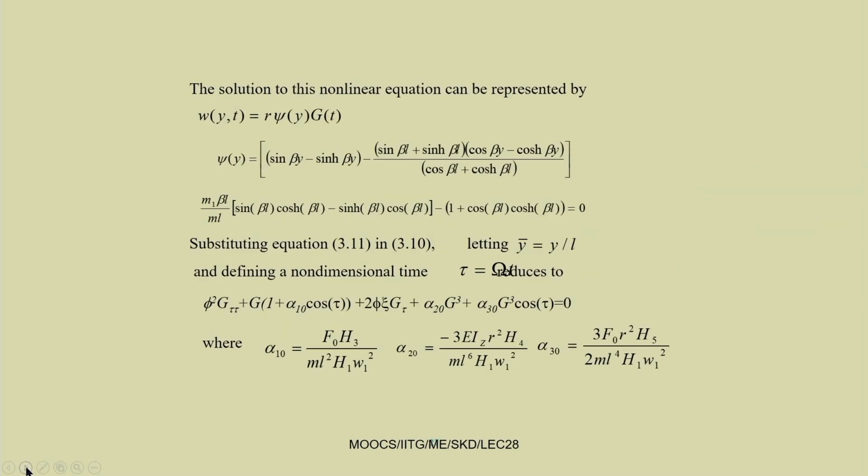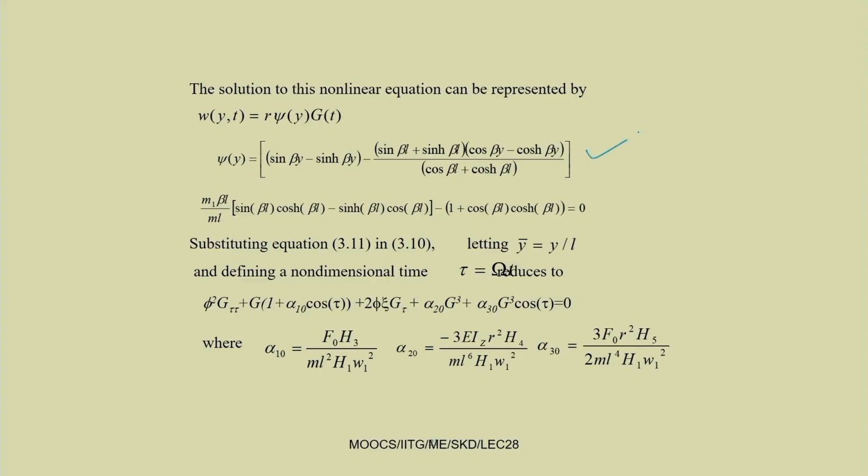So, the solution of the nonlinear equation can be represented, if we are taking only single mode approximation, in this form: W(y,t) equal to r ψ(y) g(t), where r is the scaling factor, ψ is the shape function and g(t) is the time modulation. Here for a beam with tip mass you can use these shape functions.